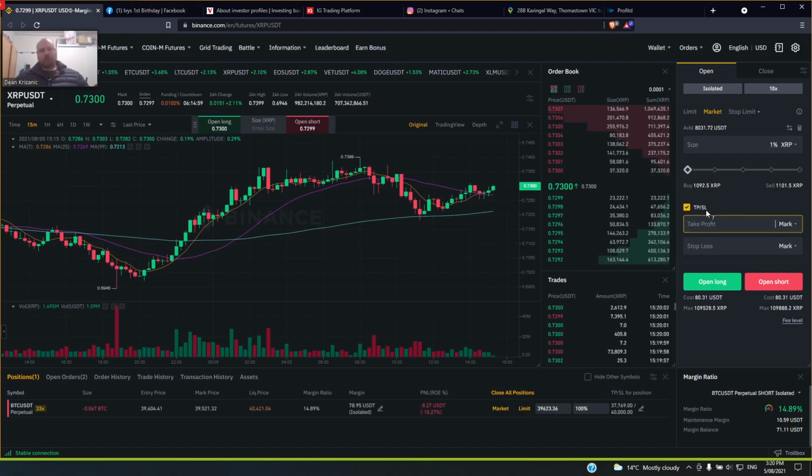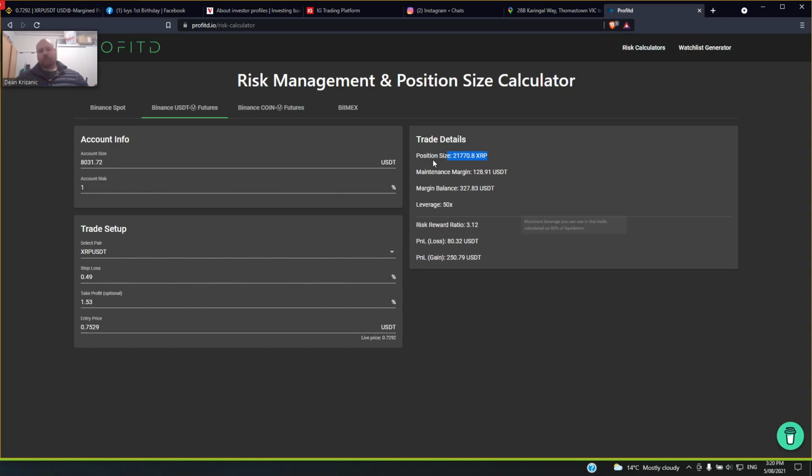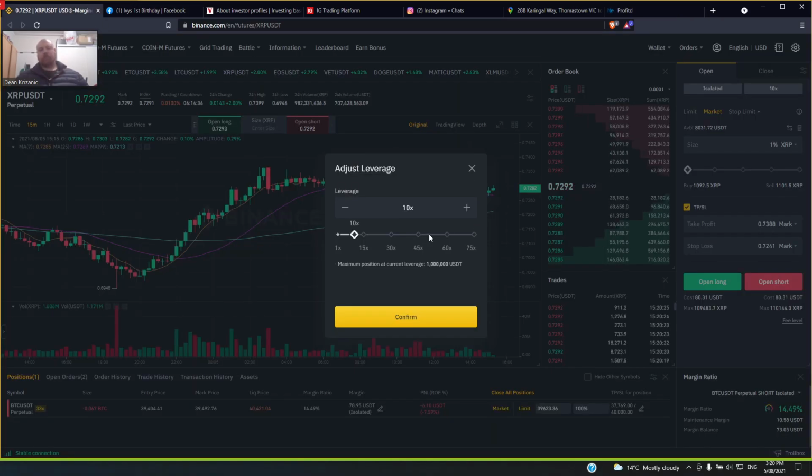Your take profit would be 0.7388 according to your long position. Your stop loss would be 0.7241. If it does hit your stop loss, then you will be out, depending on the leverage that you use. In this case it was 50x, which is quite high.